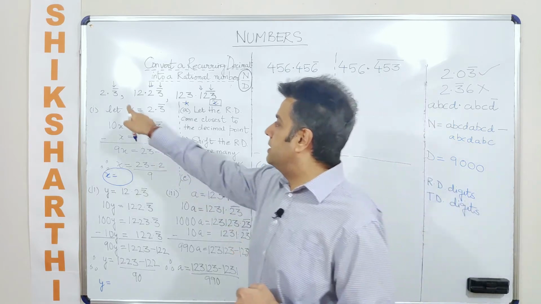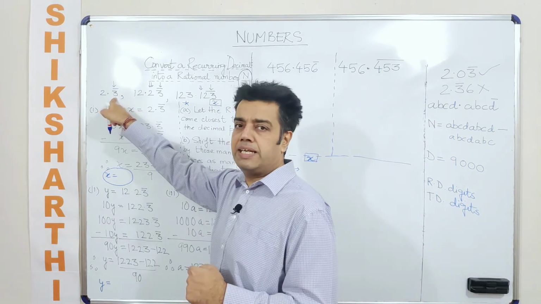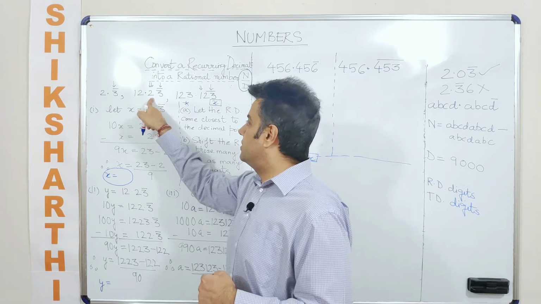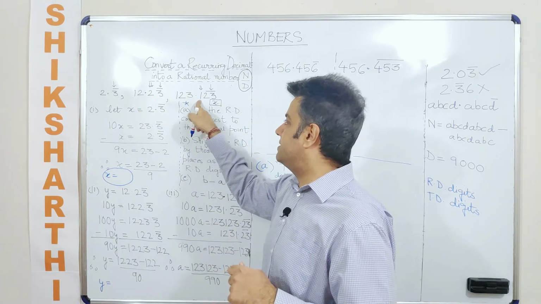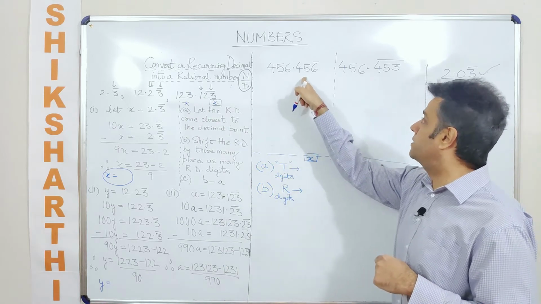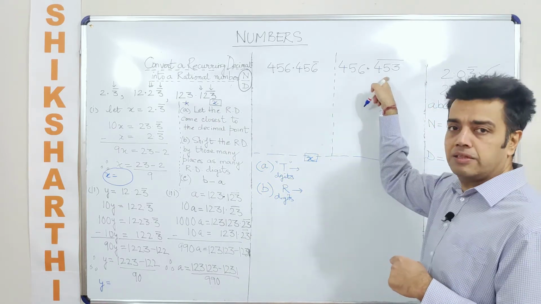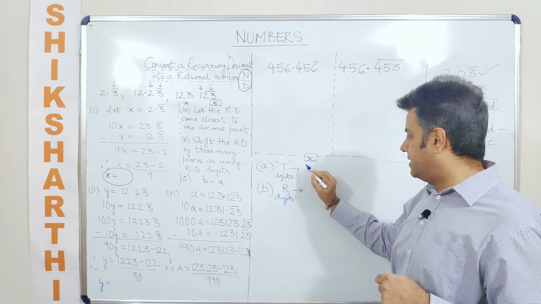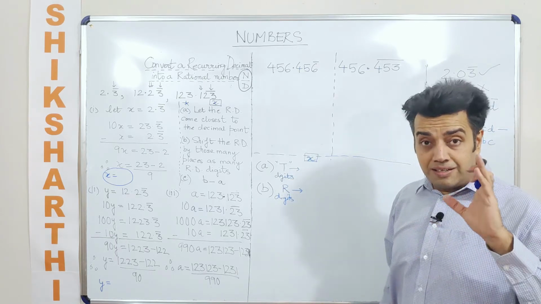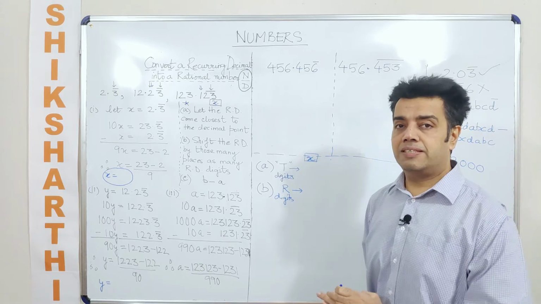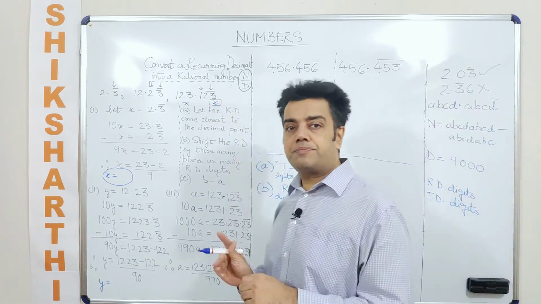For example, in this case, there are no terminating decimal digits. In this case, there is one terminating decimal digit. And in this case, there is one terminating decimal digit. Here there are two, here there are none. So let us say that you have t terminating decimal digits in x.